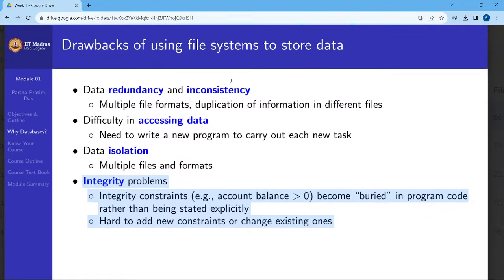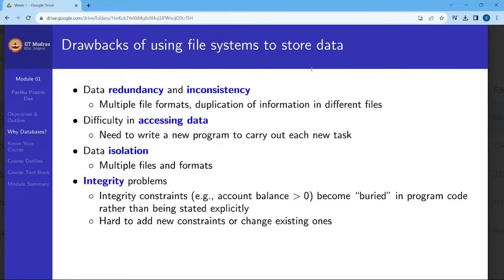Okay, so this topic, drawbacks of file system to store data, is really important. Since I've completed the week once before, I can tell you that this is a really important topic. What are the problems of file system?